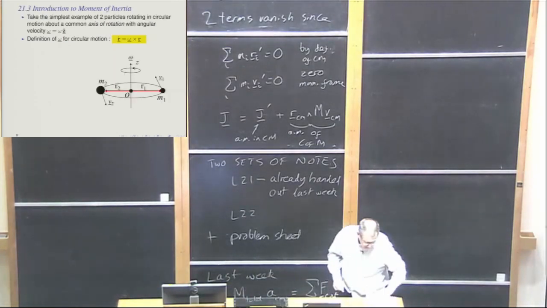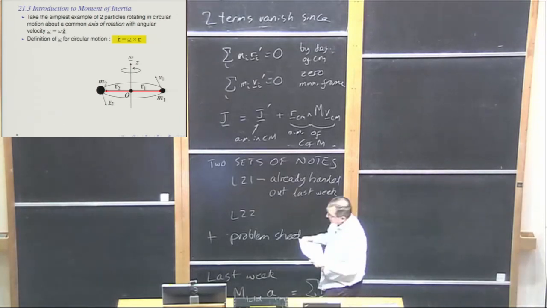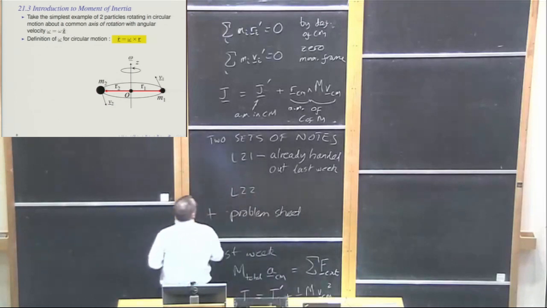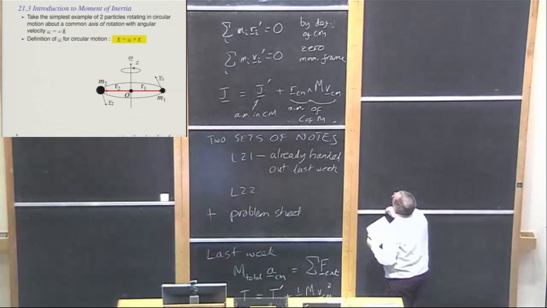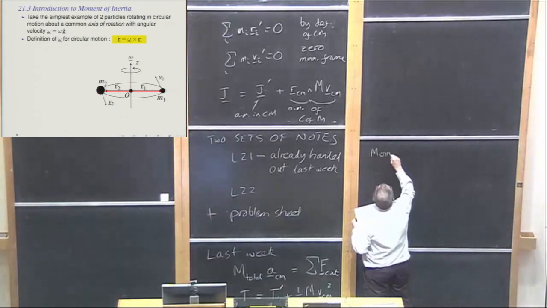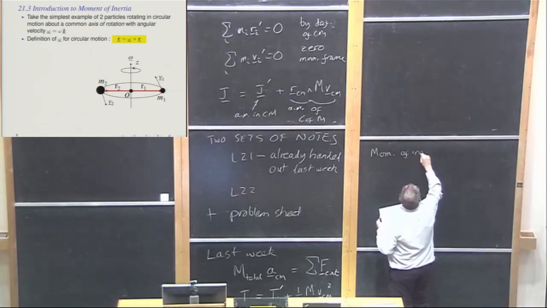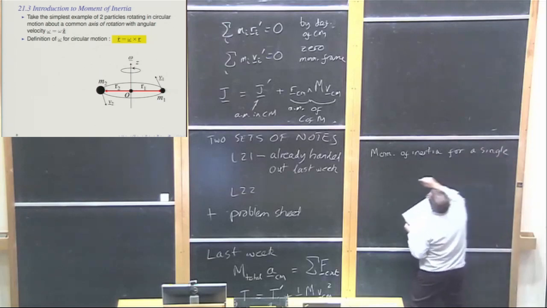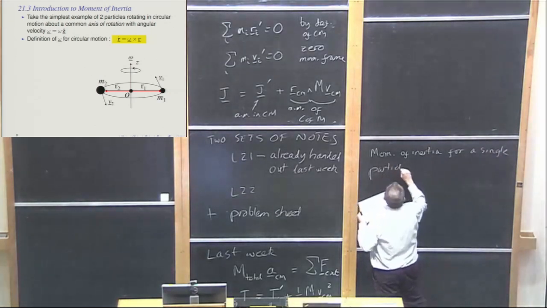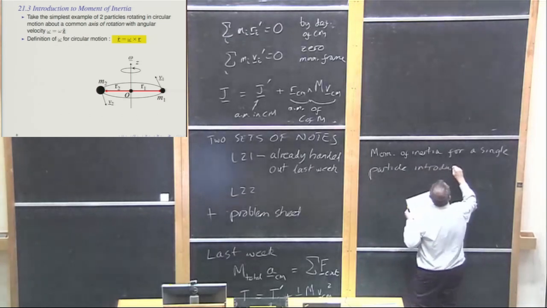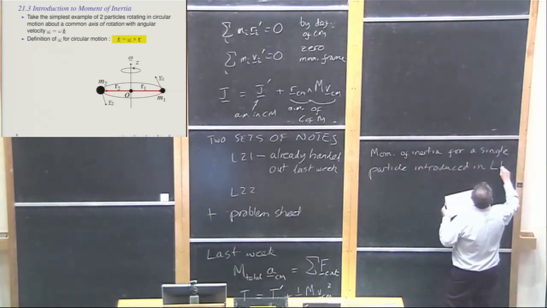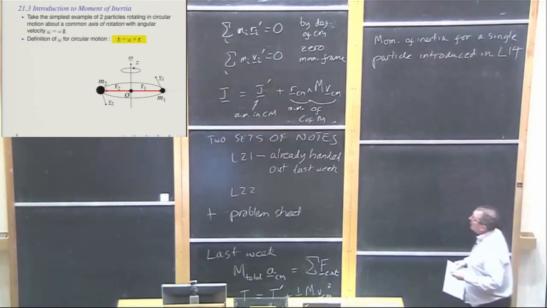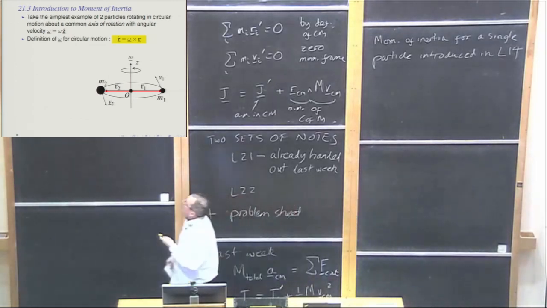Right, let us now move on to moment of inertia. We did introduce this briefly for a single particle. If you want to look back, this was introduced in lecture 14. But now we're going to consider the angular momentum of a system of particles, starting with, as ever, just two masses.